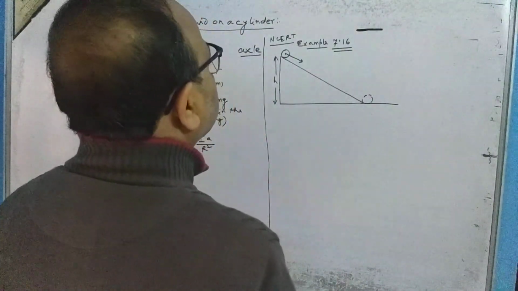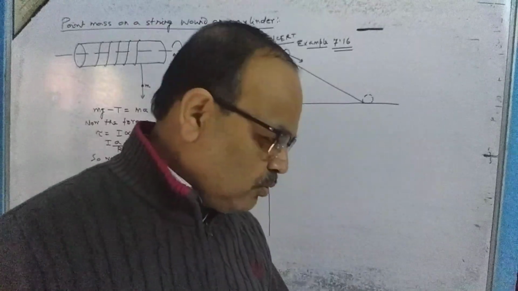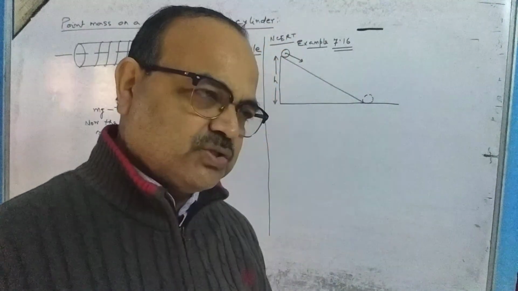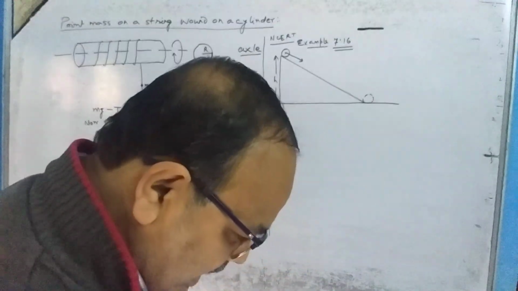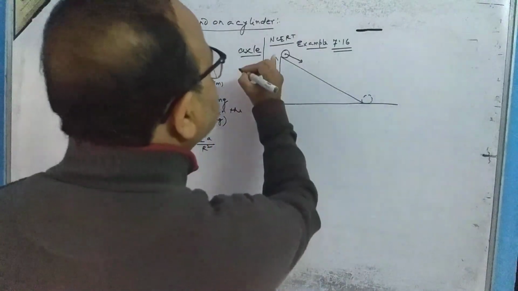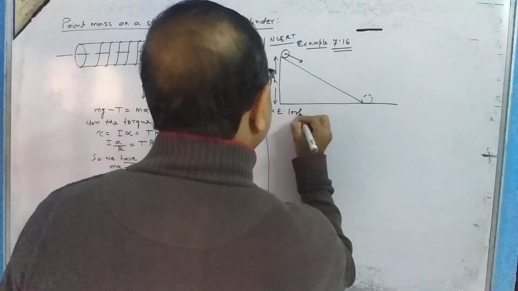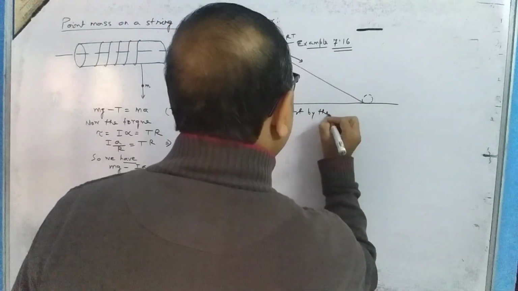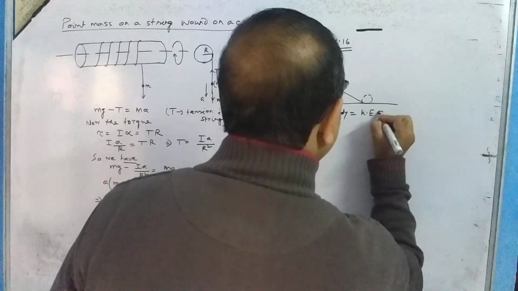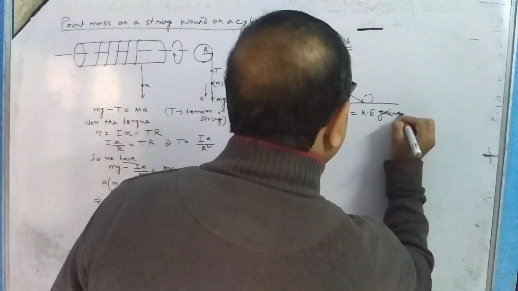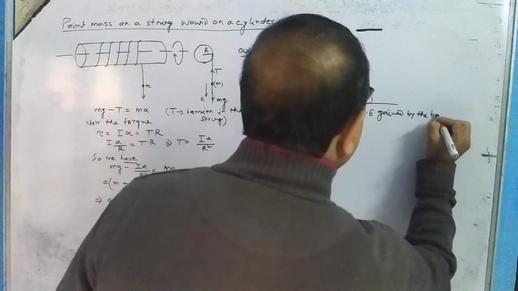What we shall do here, when it is moving in this way, what will be our main thing? When it is falling down, potential energy lost by the body is equal to the kinetic energy gained by the body.